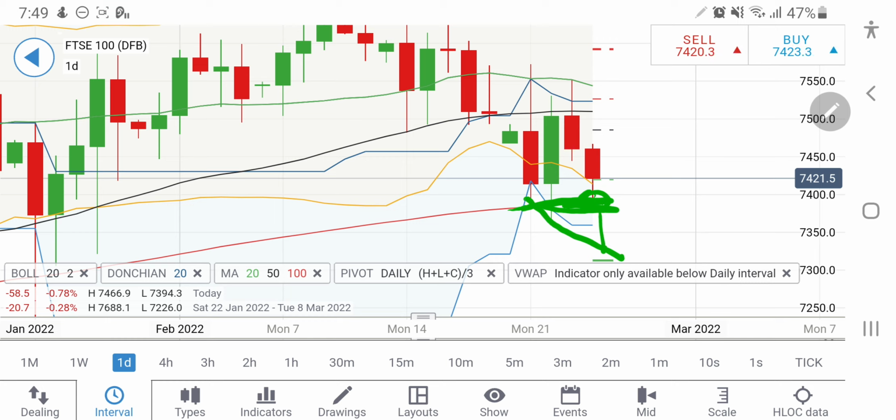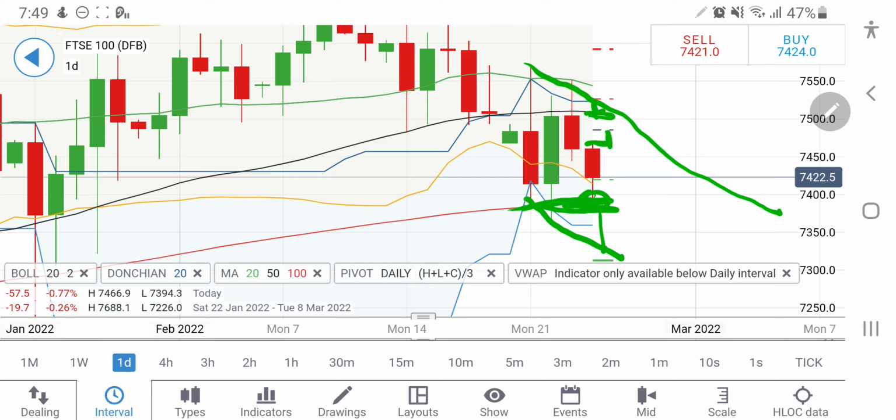So yes, in sum, a short entry below 7380 is recommended. Once you see it trading below 7380, you can go short and you can expect it to continuously drop. Now on the flip side, once it breaks 7460, yes, you can take a long entry for 7480, 7500 and 7520.